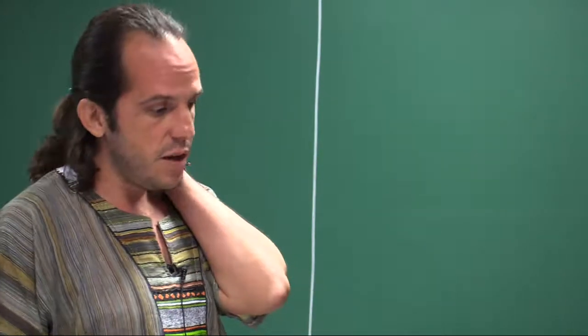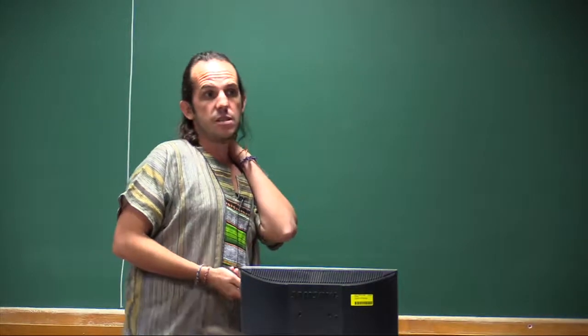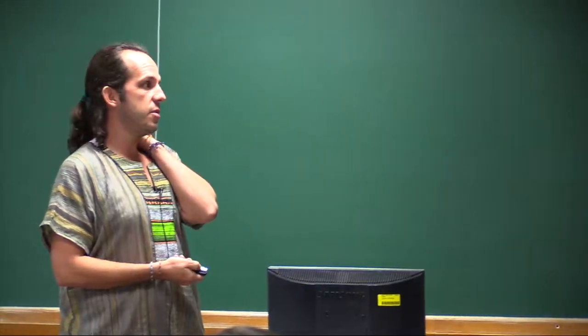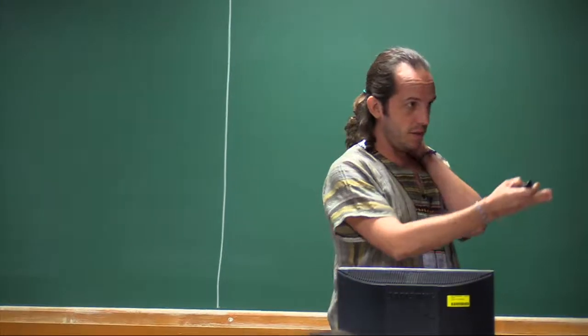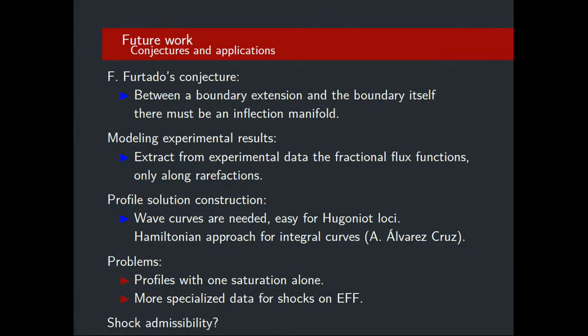One of the problems that we have is that I still need the wave curve method to construct the wave groups in the phase space. The Hugoniot locus is easy because it's just an algebraic curve that is easy to calculate, but the integral curves are difficult, and maybe Amaury has a very good idea how to do this with a Hamiltonian approach.